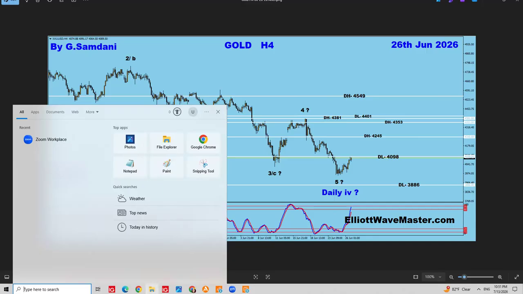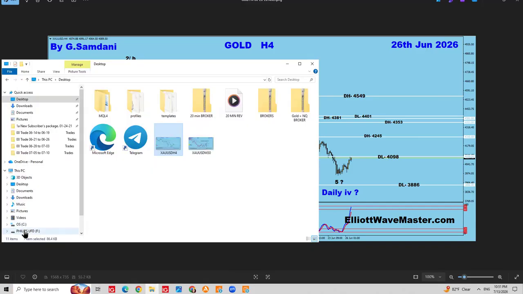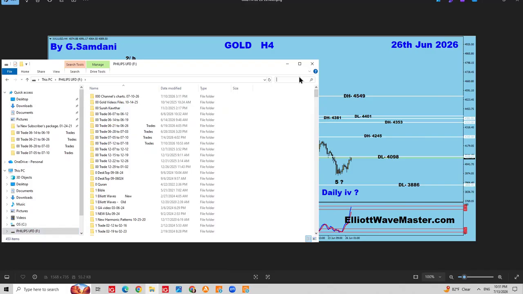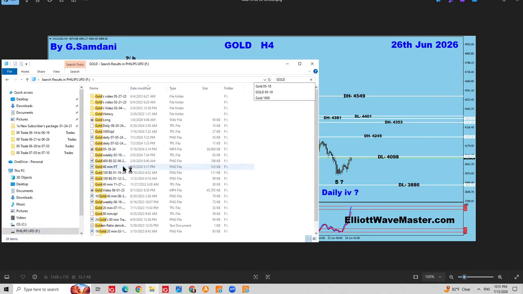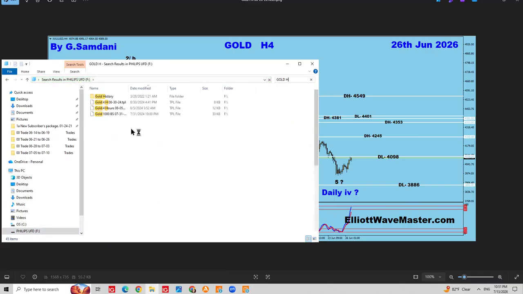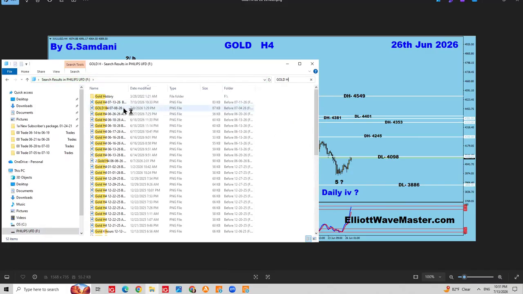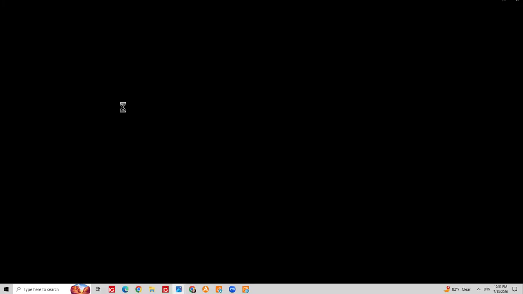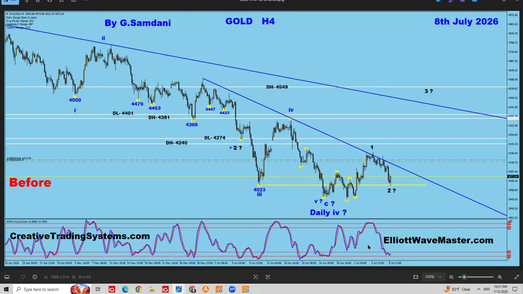Okay, gold. Just put H and then all 4 of them are going to come out, right? All right, so let me see, July 8th, which chart I made? Yeah, okay. So it went up there, hit the trendline, and then I made several charts, but I don't know where they are.